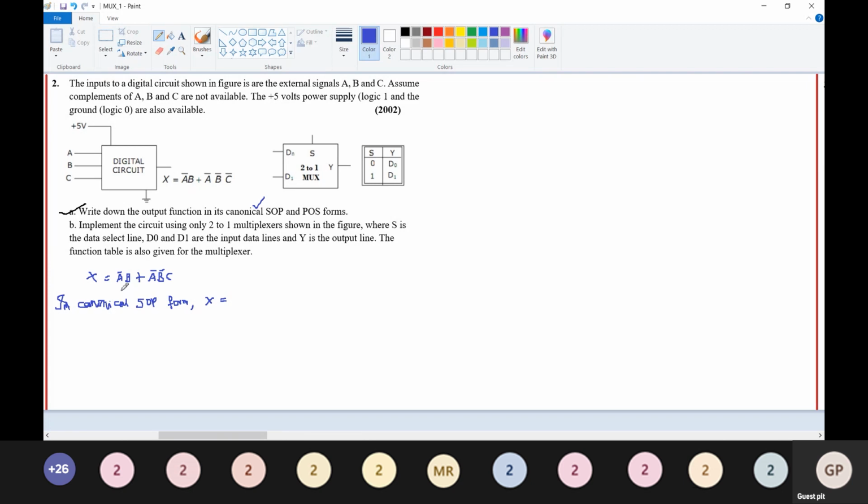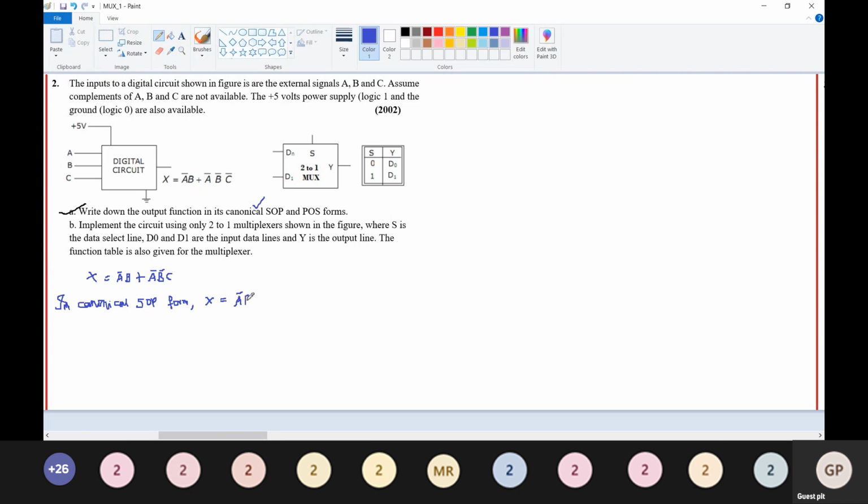Since this is a three variable expression, each product term should have all three variables. The first product term doesn't have all three, so find the missing literal. C is the missing literal here.